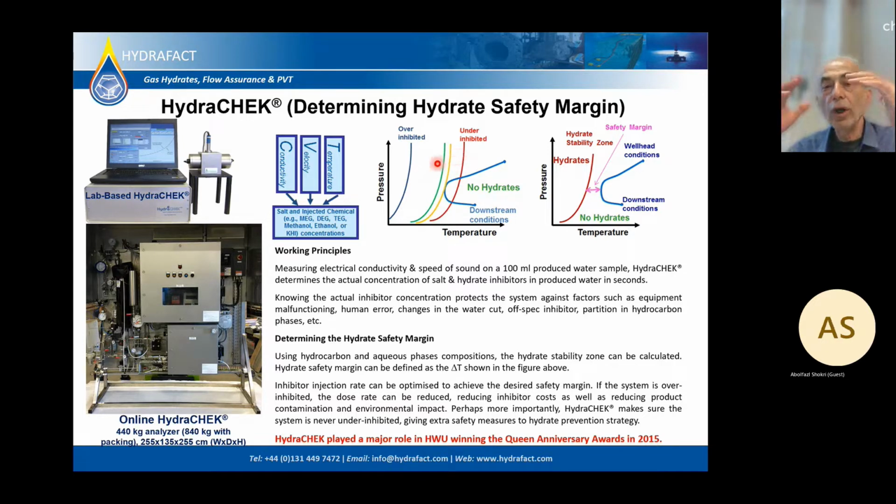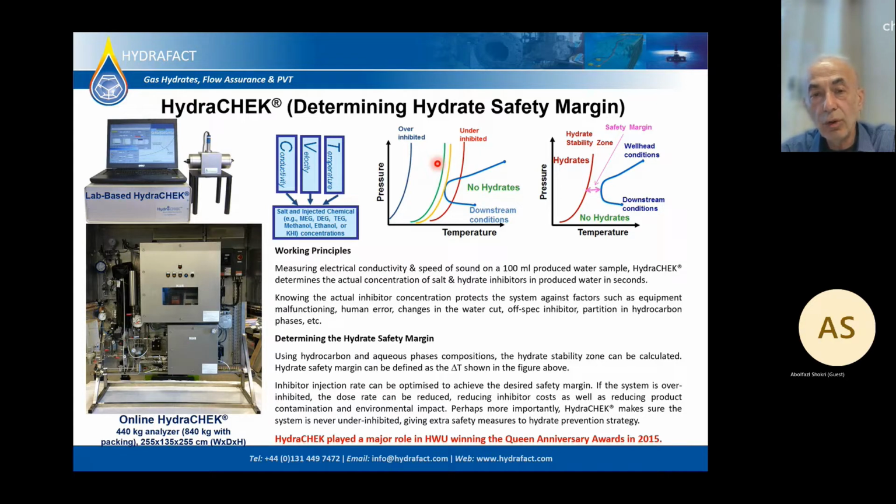So what we need, as I said, the composition of hydrocarbon doesn't normally change over a short period. So it is the composition of water. You might say, well, we take a sample. Yes, we can take a sample and send it to the lab. But it takes time.